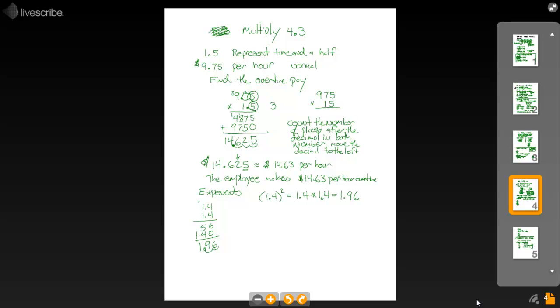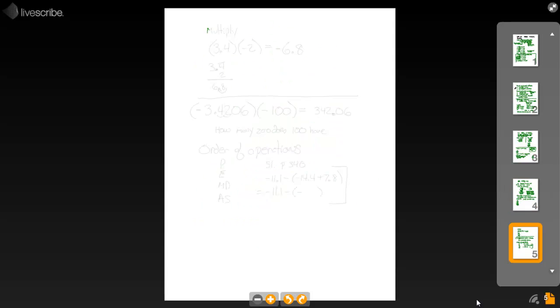Then there's also some signed numbers in your homework about multiply. Those are a little easier than the add ones. So if you got 3.4 times -2, is that positive or negative?